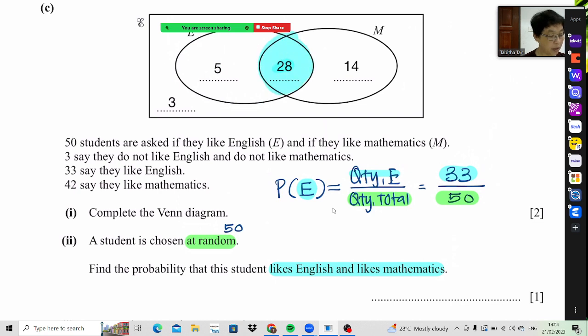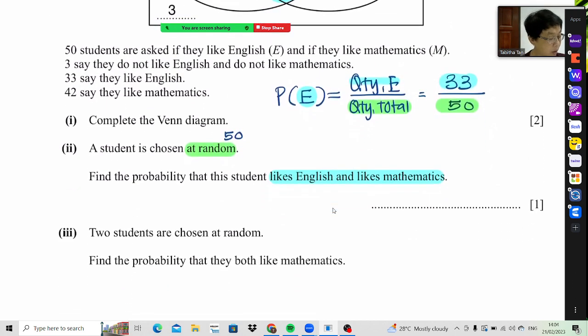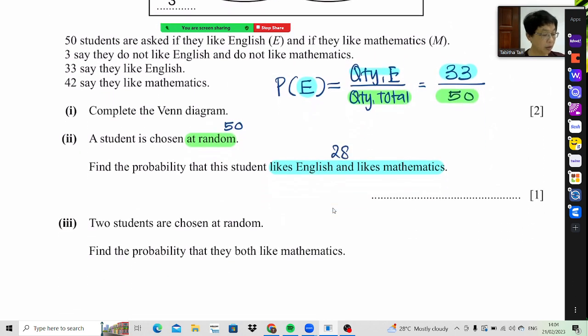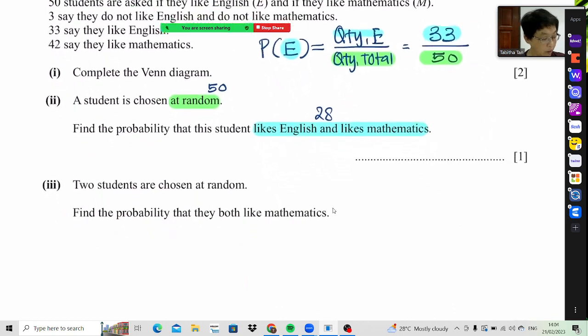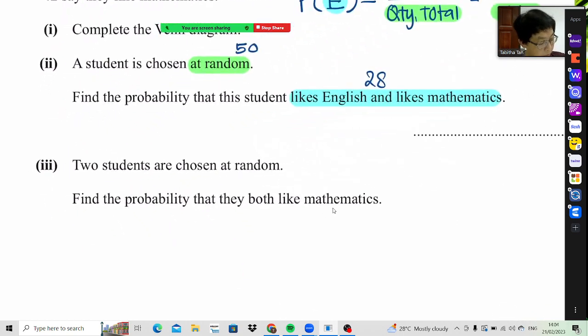Who likes English and maths? It will be only that group, which means it is 28. Let's put that into the working: probability who likes English and maths. So English and maths, we got that total.